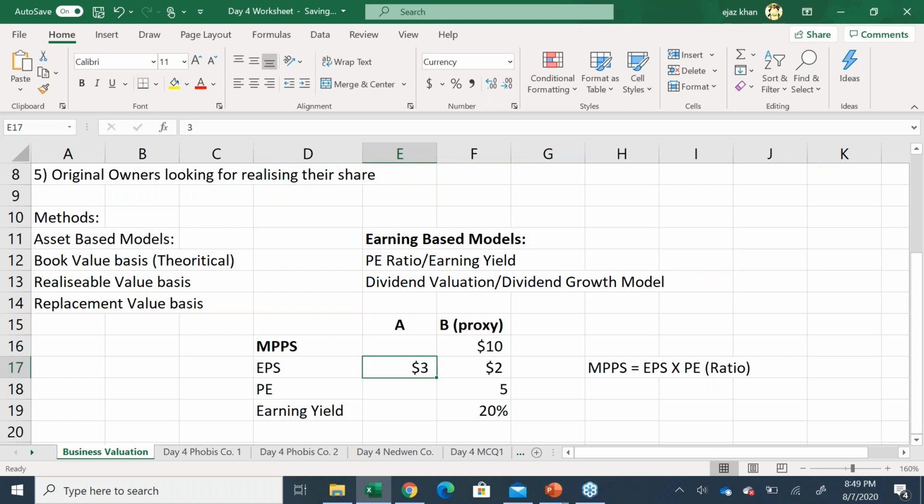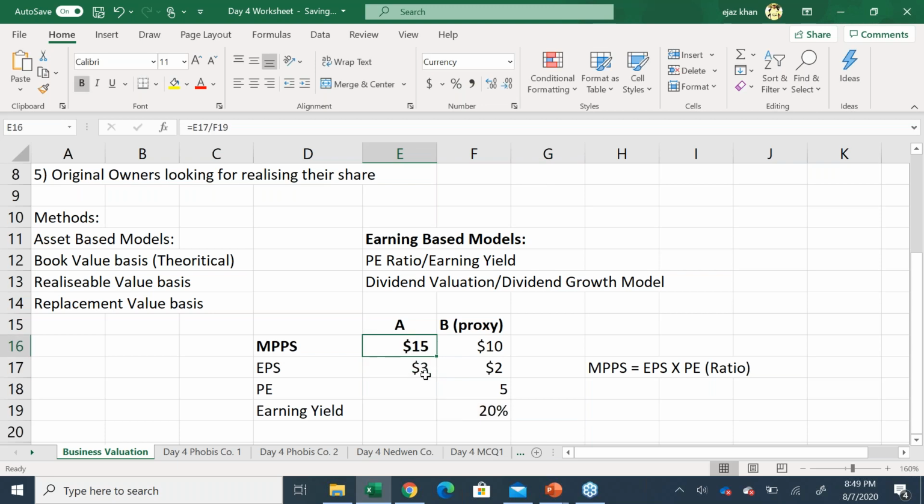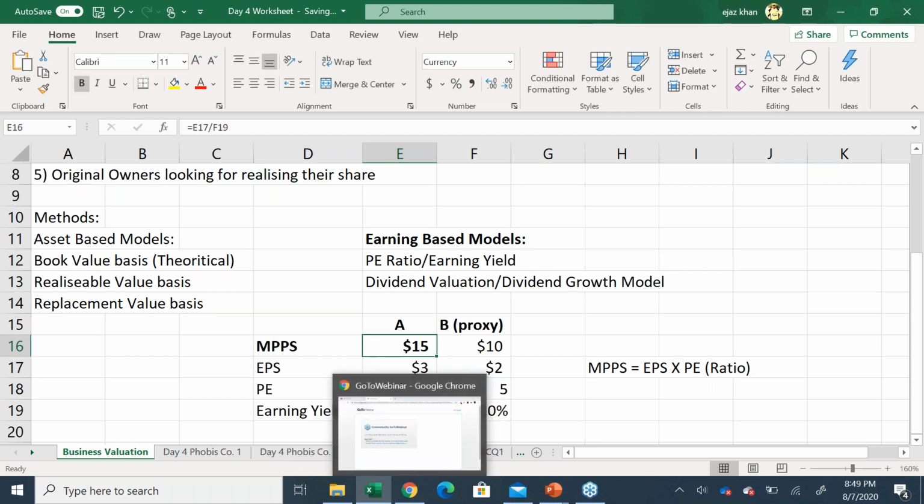He will be willing to pay an amount whose 20% is equal to $3. So simply you pick this and divide it by 20%. Instead of multiplying, when it comes to earning yield, we just divide to find out that $3 is 20% of what. It's 15. Same.